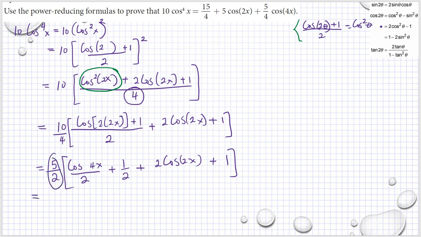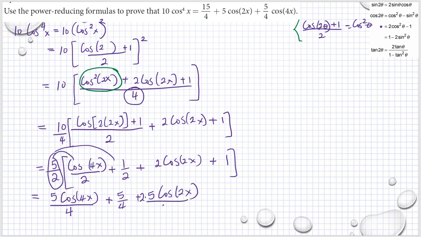Multiplying 5 over 2 to all the terms, we have 5 over 4 cosine 4x plus 5 over 4, plus 5 cosine 2x, 2 multiplied by 5 divided by 2, plus 5 over 2.